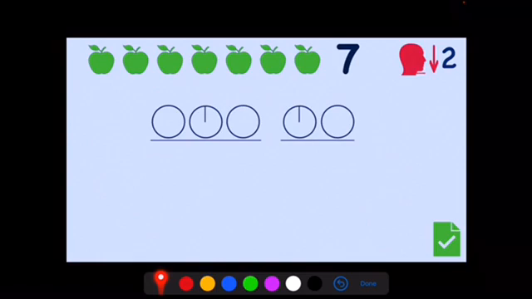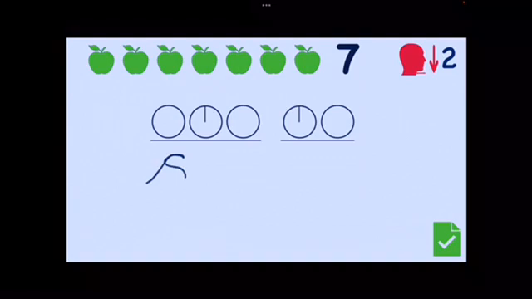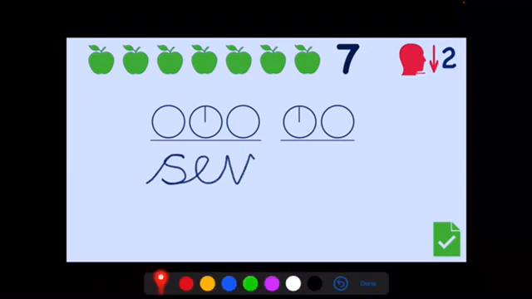So, S will be S, E will be E, and V will be V, sev.